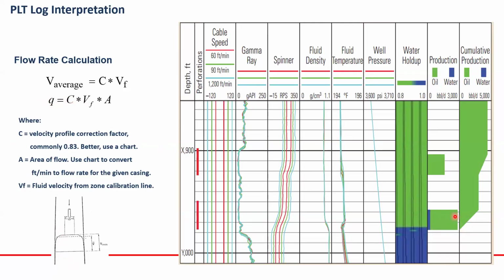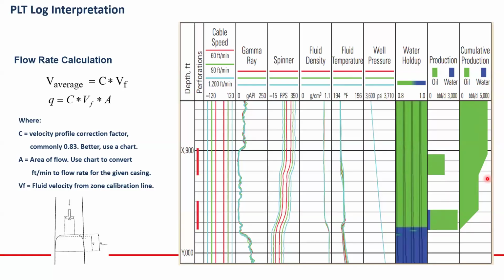As you see here, we have production, how much water and how much oil, the percentile, and also the cumulative production, production per zone. Here we have 5,000 barrels per day, the rate. So from 0 to 1,000 to 5,000, this one is producing about 3,000, and this one producing half of it.